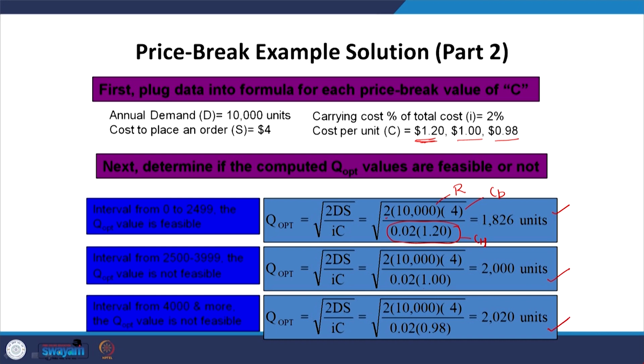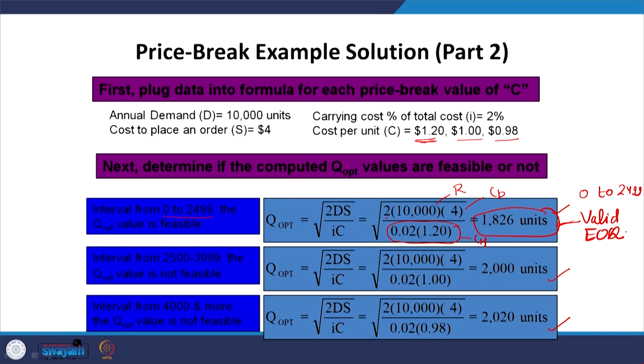Now, if you remember the question, for order quantity between 0 and 2499, this value is feasible, and 1826 is between 0 and 2499. So, this is a valid or feasible EOQ.